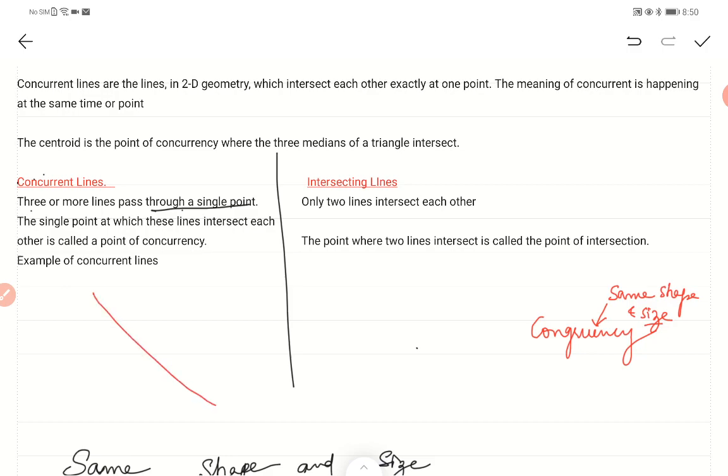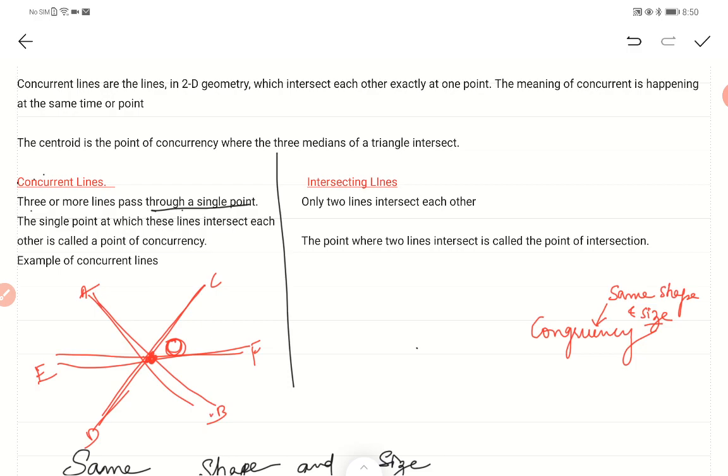I have a line AB, a line CD and one more line EF. They are all passing through a single point called O. The single point at which all these lines intersect is called the point of concurrency. O is called the point of concurrency.